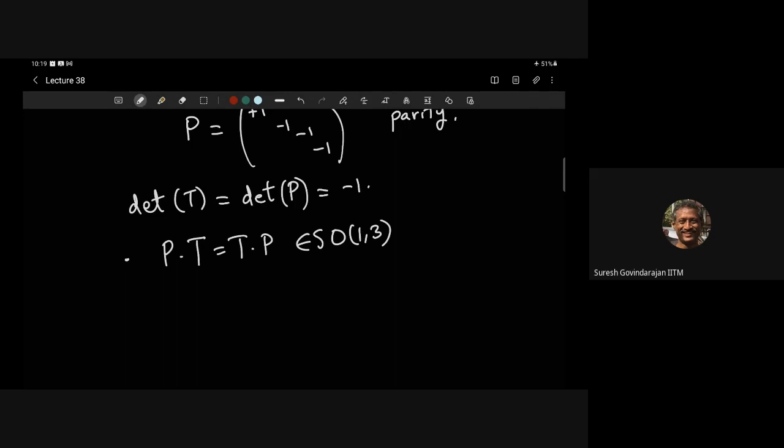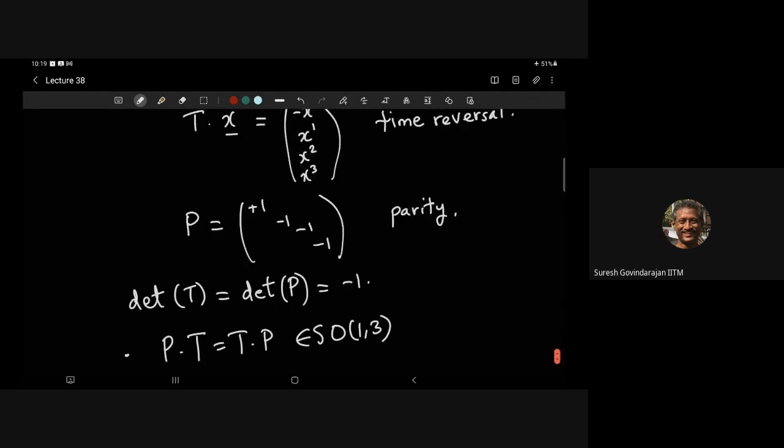But the point here is that this operation involves both time reversal and parity.